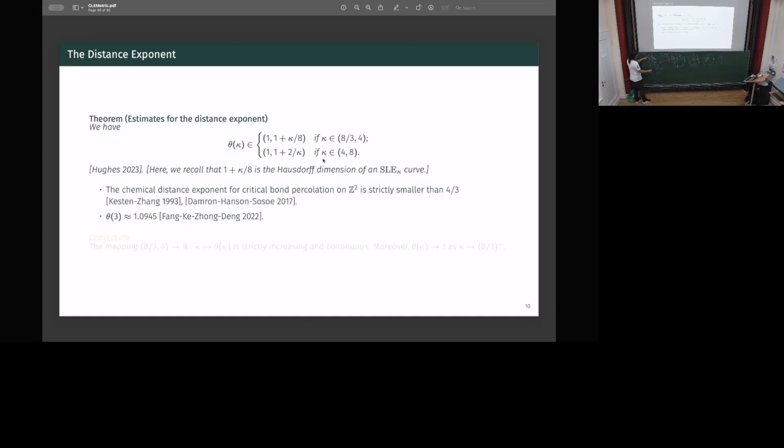Yeah, I understand this bound, but what about kappa larger than 4? You can put 16 over kappa and get that one, but it has no geometric meaning. It's the outer boundary. The non-simple curves have some parts that are disconnected by one point. If you don't cross those points, then that's what you get. Okay, I see.